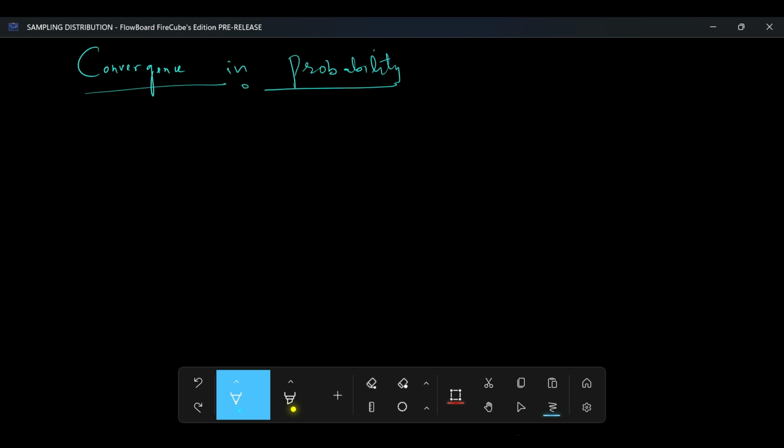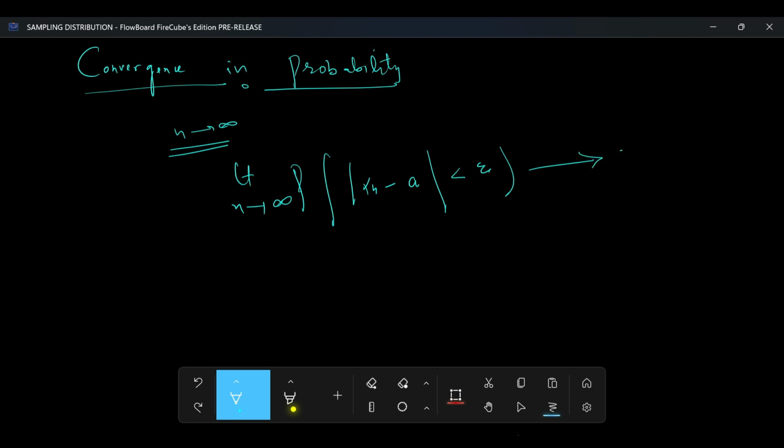Whenever we take a large sample, that is n tending to infinity, then the limit as n tends to infinity of the probability that the modulus of X_n minus a, where a is some constant, is less than epsilon will converge to 1, which is called a certain event.